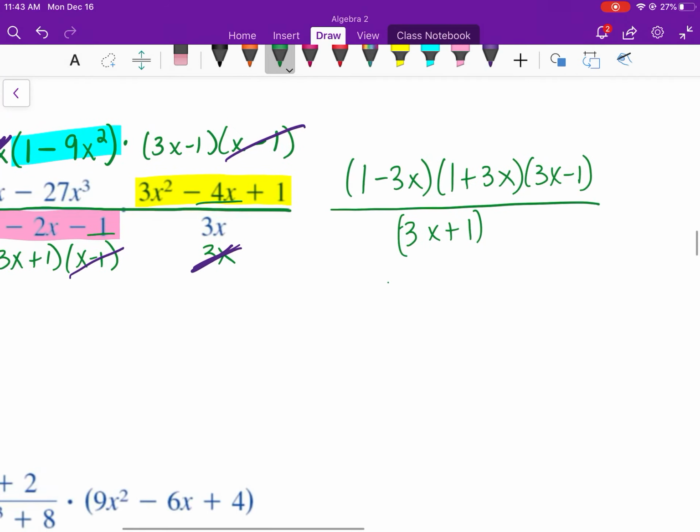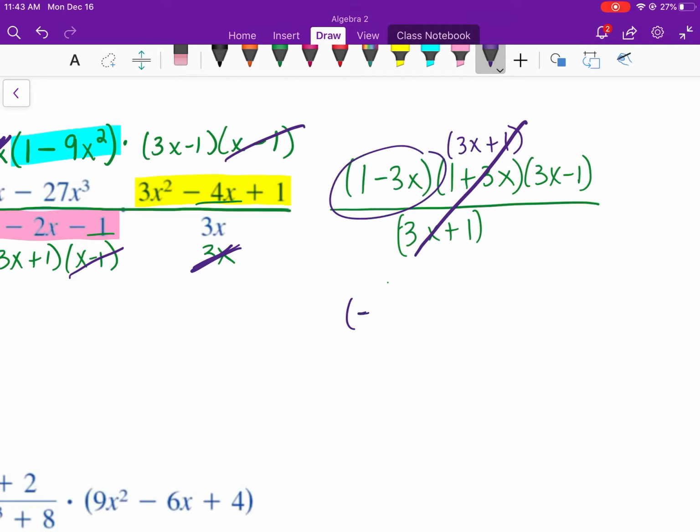Now, 3x plus 1 and 1 plus 3x, these are the same thing. So 3x plus 1 and 1 plus 3x simplify. So now you're left with just these last two. Now this one on the left here, you could rewrite as -3x plus 1 and then times 3x minus 1.